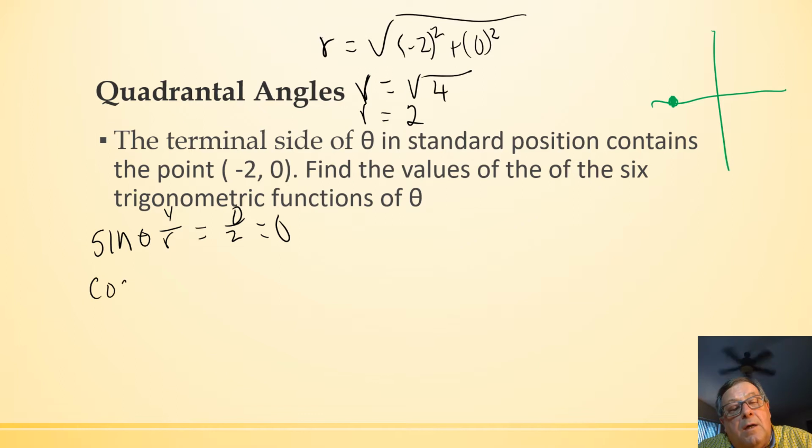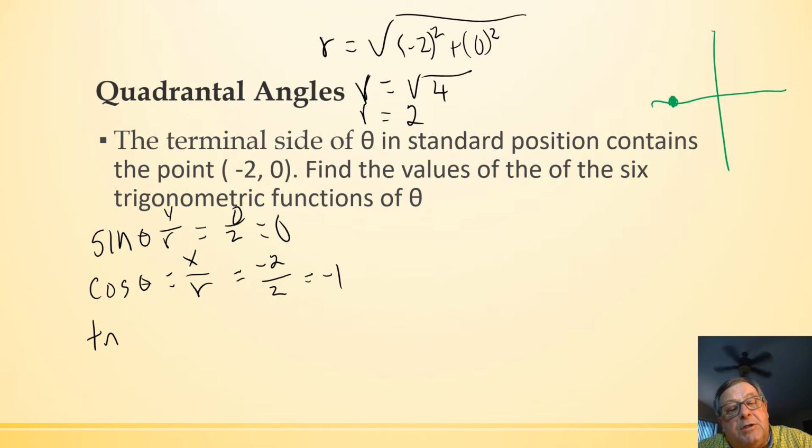The cosine of theta is x over r, and x is negative 2 over 2, or negative 1.